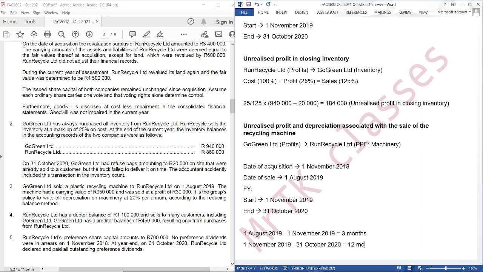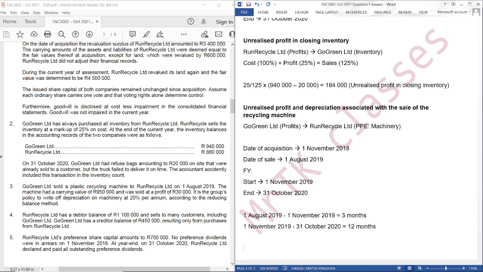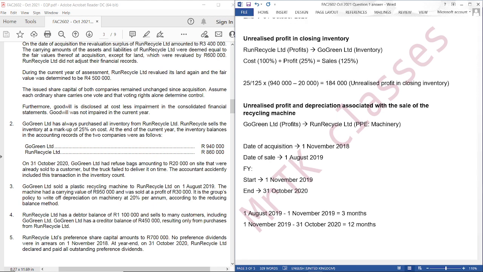12 months. So we are going to calculate depreciation for 3 months. We are going to calculate depreciation for 12 months. So we are calculating our depreciation on that unrealized profit, which is 30,000. So we are going to say 30,000 multiplied by, right?